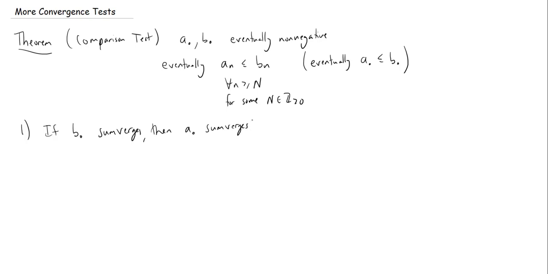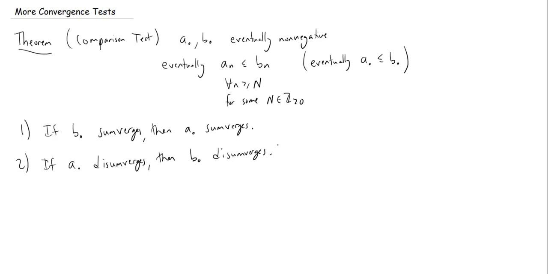Okay, so remember this means that the series corresponding to B, if it converges, then the smaller series, the one corresponding to A, also converges. All right, the second goes the other way around. If you know that the smaller sequence diverges, so if A diverges, then the bigger sequence is also going to have to diverge.